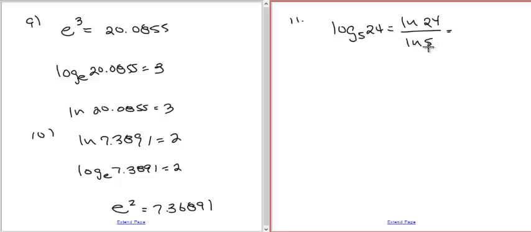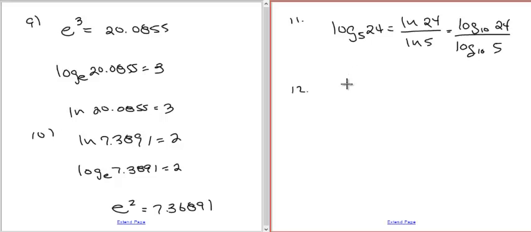So you divide by the natural log of 5 and you take the natural log of 24, or you could do log base 10, which is also on your calculator. Either one would be okay, because these two functions are easily on your calculator. Somebody might have had a calculator that did this directly, and they might have gotten the right answer, but it wasn't using the change of base formula.